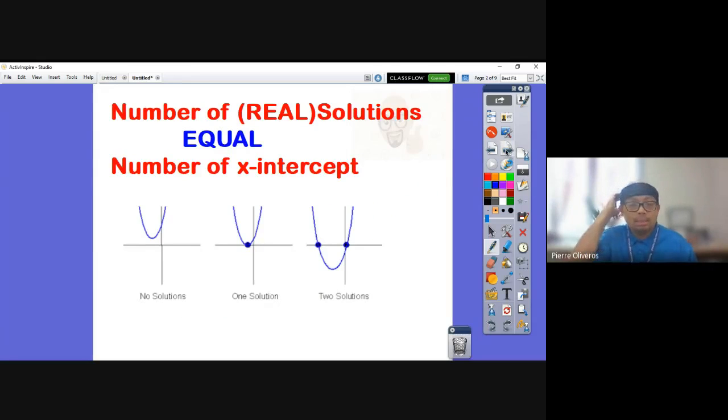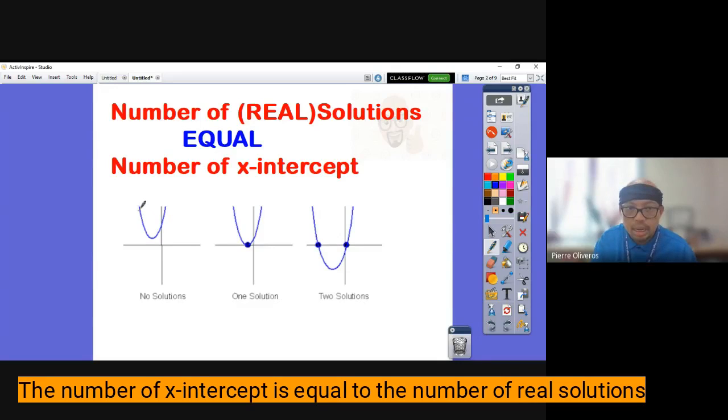So, some important information that you need to know about the parabola. When you graph it, there are three possible cases. Case one is that the parabola, whether it opens upward or downward, does not cross the x-axis. If it doesn't cross the x-axis, then there is no real solution.